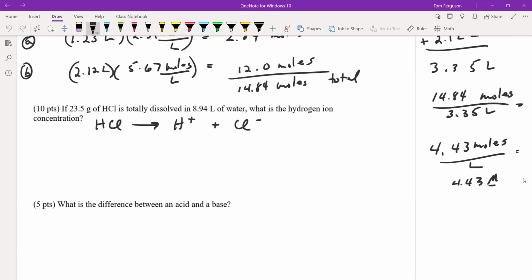So we need to know the moles of HCl. We're not given moles, we're given grams, so we've got to convert the grams. And chloride is what?